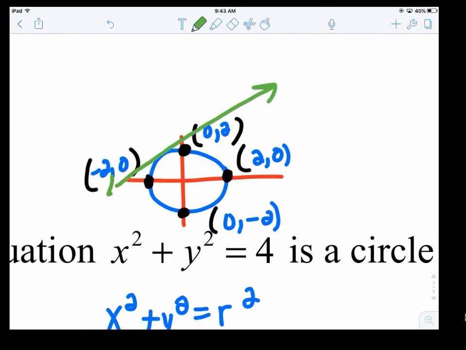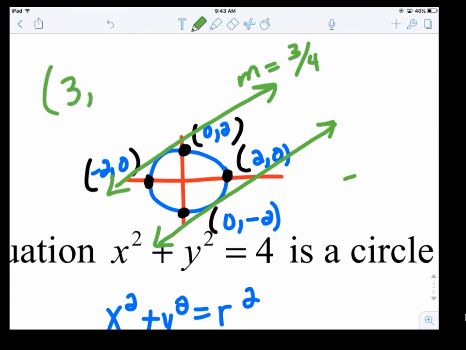So that could be like a slope of 3 over 4, and then the other point would have to be, what did we figure out the first one was? It was negative 3, 4. So that would be somewhere kind of up here, right? And then the other one would have to be like what?